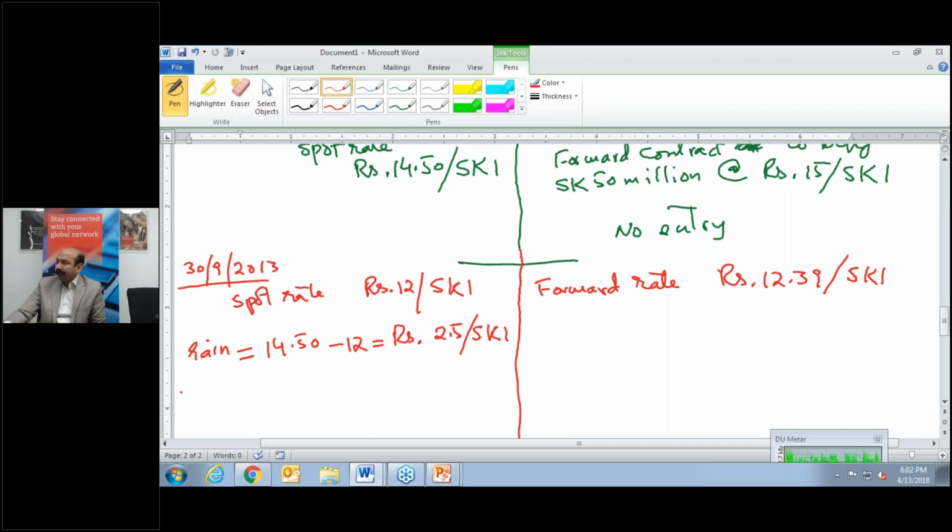Okay, what is the total gain? Total gain is equal to 2.5 into SK 50 million. So the total gain in the spot market is 125 million.